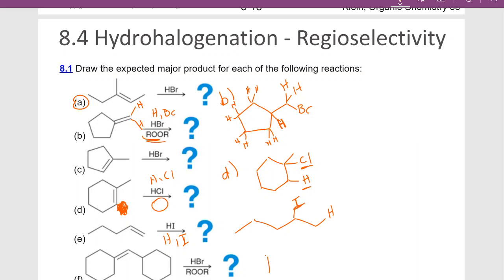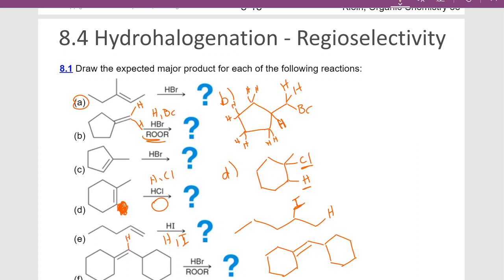Okay, and the next one, we've got peroxide present. So we're going to have anti-Markovnikov addition. Notice this one has a hydrogen here.